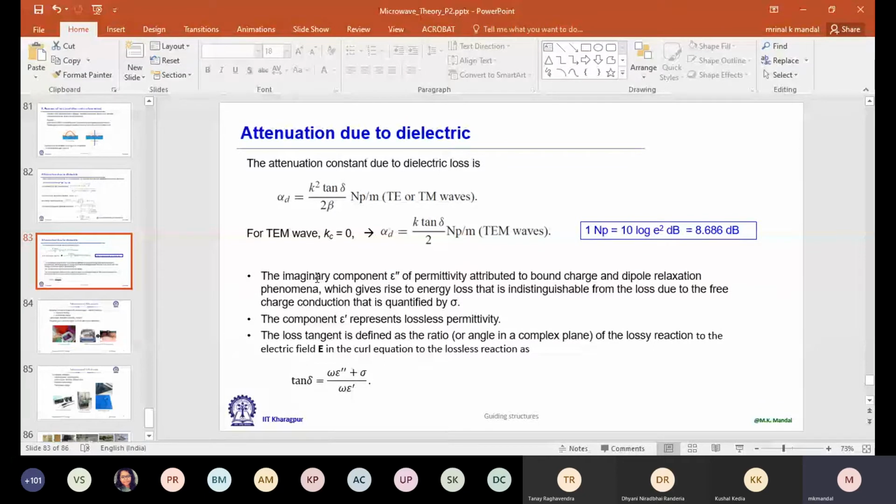If you now want to convert it to the decibel scale, you have to multiply by 8.686 to get the value in dB. Well, so dielectric loss, this part we discussed in detail: epsilon double dash, epsilon dash, then the variation with frequency and other things.